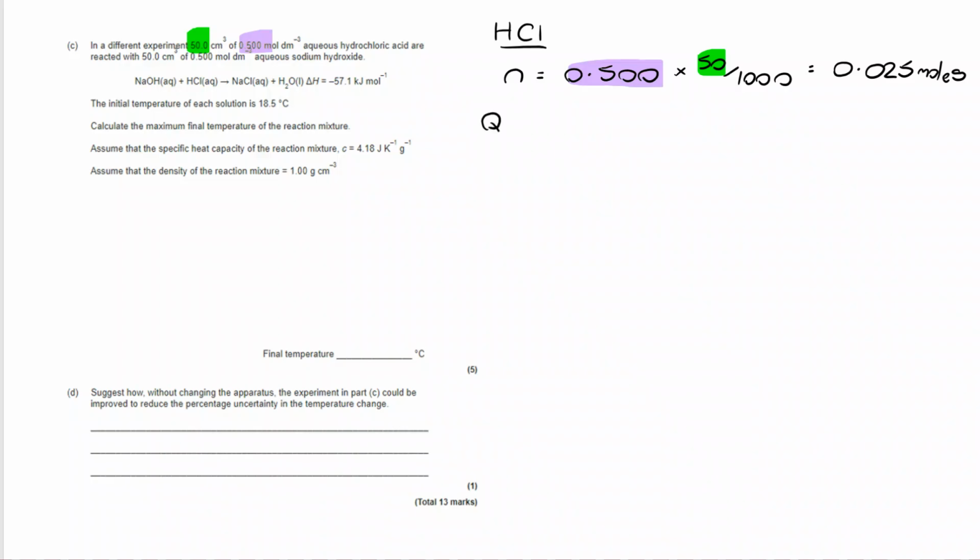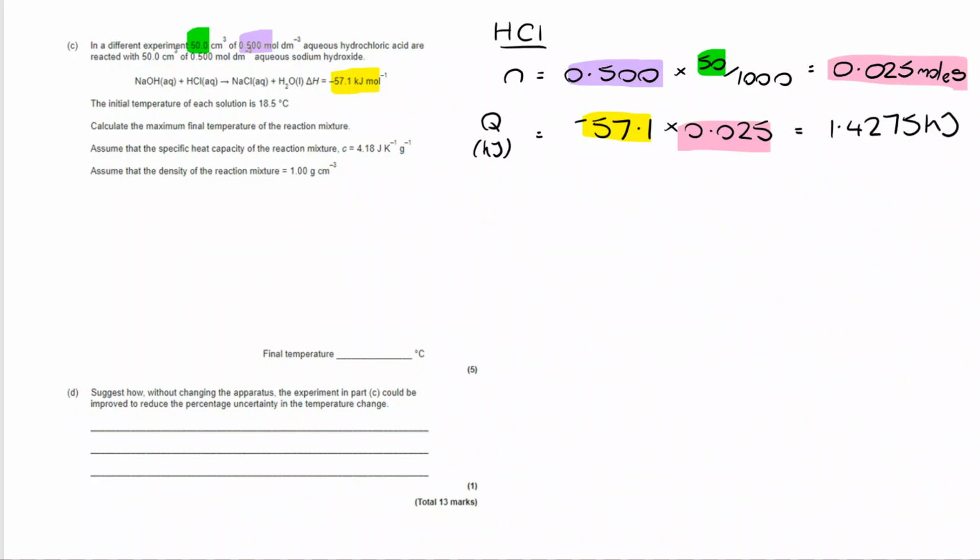And it allows me to see that we've got 0.025 moles. From there, I want to calculate Q. Now Q is measured in kilojoules. The actual calculation comes out in joules, but we've got negative 57.1 kilojoules per mole. So from 0.025 moles, I would have actually generated 1.4275 kilojoules.